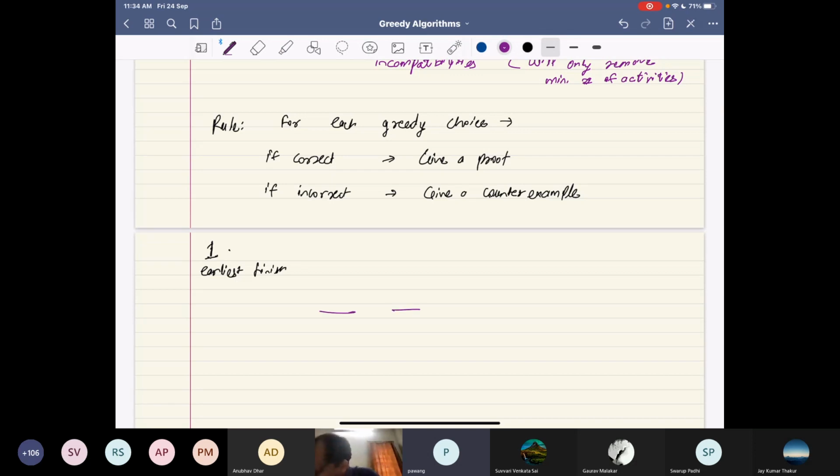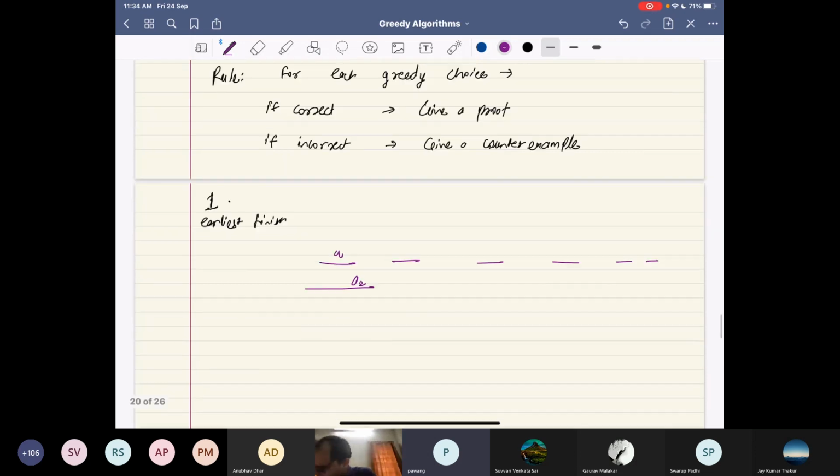So I have activities sorted as per the finish times. That means this is A1, this would be A2. Even if it starts before A1, it finishes after A1. So what about this?